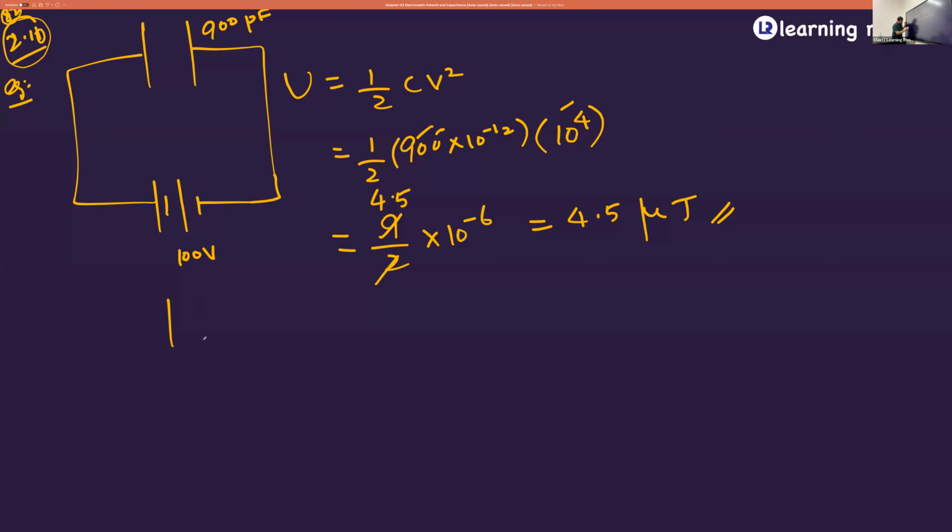How much is the value here? It is 900 picofarad. Here also it is 900 picofarad, right? So this is charged, this is uncharged. Now what will happen? This will start acting as a battery. This will start getting discharged and this will start getting charged.